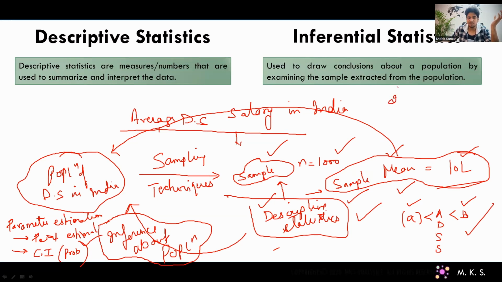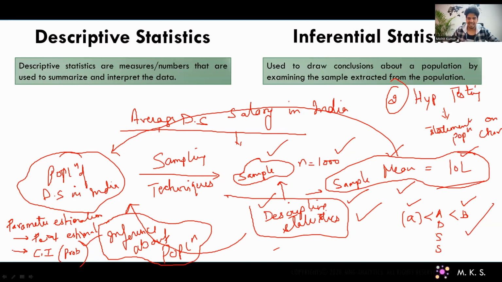This is one type of statistical inference approach. There is another type that we call hypothesis testing. This is another very popular tool for statistical inference, guys, where we try to make a decision about a statement on a population characteristic. A simple example: Glassdoor is a website which provides information about the salary of different designations or profiles in the industry.